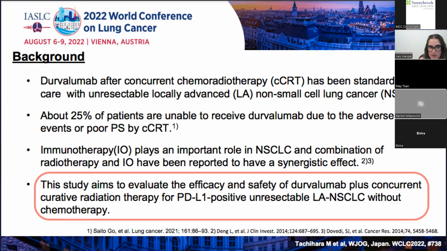However, about 25% of patients are unable to receive durvalumab due to side effects or poor performance status after concurrent chemoradiation. So this study, a phase 2 single-arm trial, was the first that evaluated the efficacy and safety of durvalumab plus concurrent curative radiation therapy for PD-L1 positive unresectable locally advanced non-small cell lung cancer without chemotherapy.